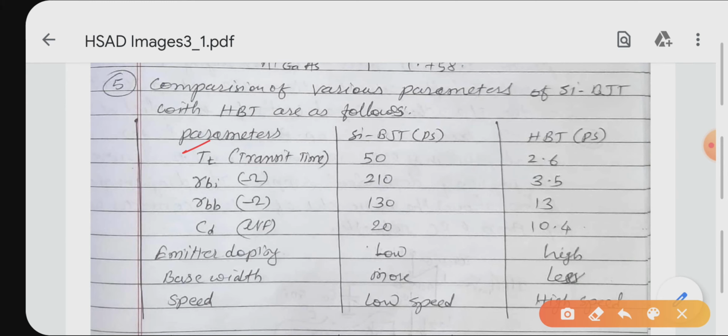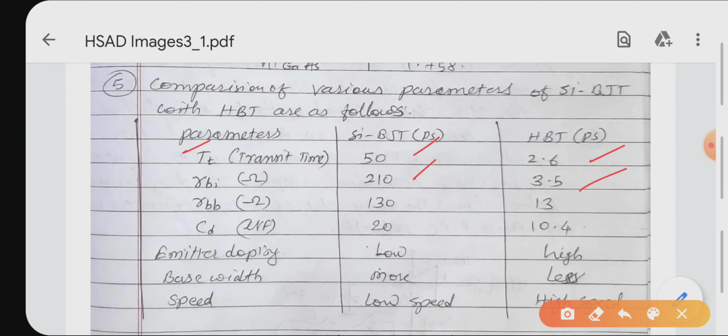The transit time, if we compare, is very low for HBT. It is 2.6, whereas in silicon BJT it is 50. Then RBI, that means junction resistance, expressed in ohms, is 110 in case of BJT, and only 3.5 ohm in case of HBT.